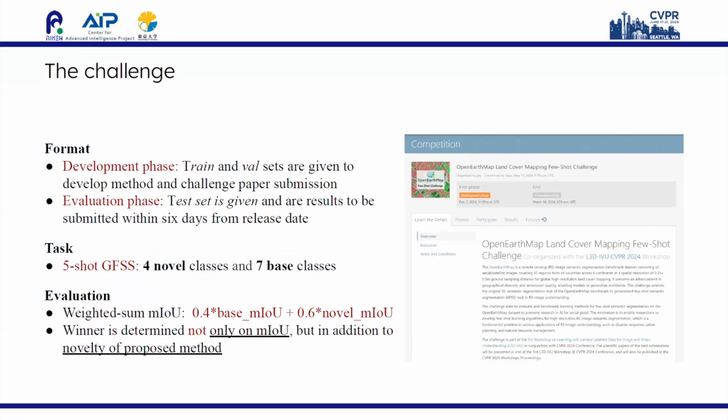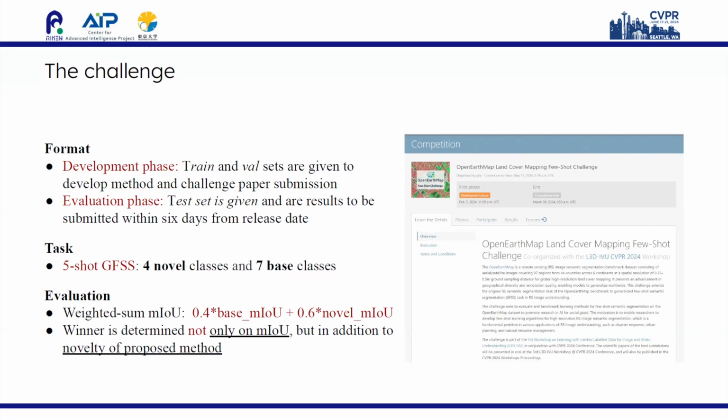For the challenge, we have the development phase and the evaluation phase. For the development phase, we gave the training samples to the participants, and we gave them the validation set. At that point, we didn't give the labels for the validation set. So they only have the training set and the images of the validation set.